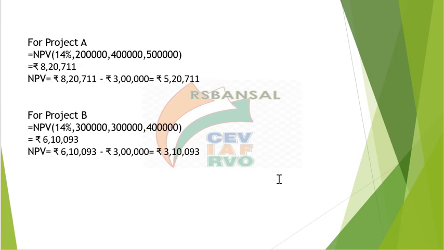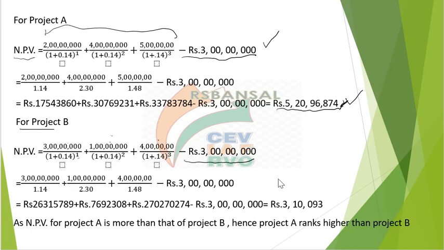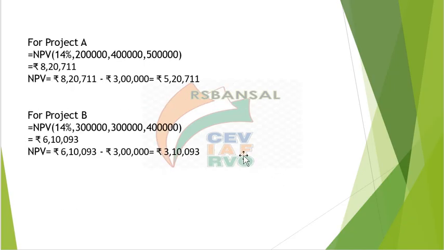Otherwise, you can find this out with the help of Excel also. For project A, you put in a cell in Excel equals to NPV.